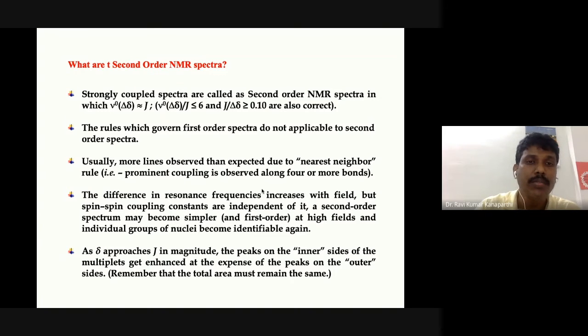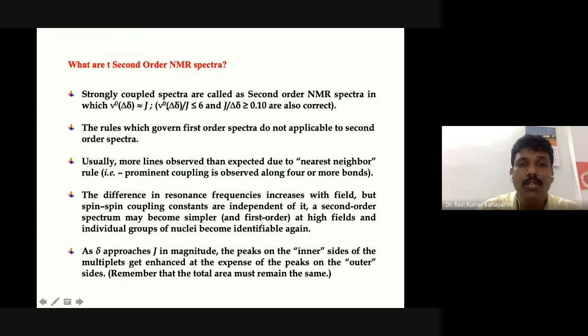In mathematical notation, if the chemical shift difference in delta ppm is on par with the scalar coupling constant, or less than it, then normally we say it is a second order spectrum.